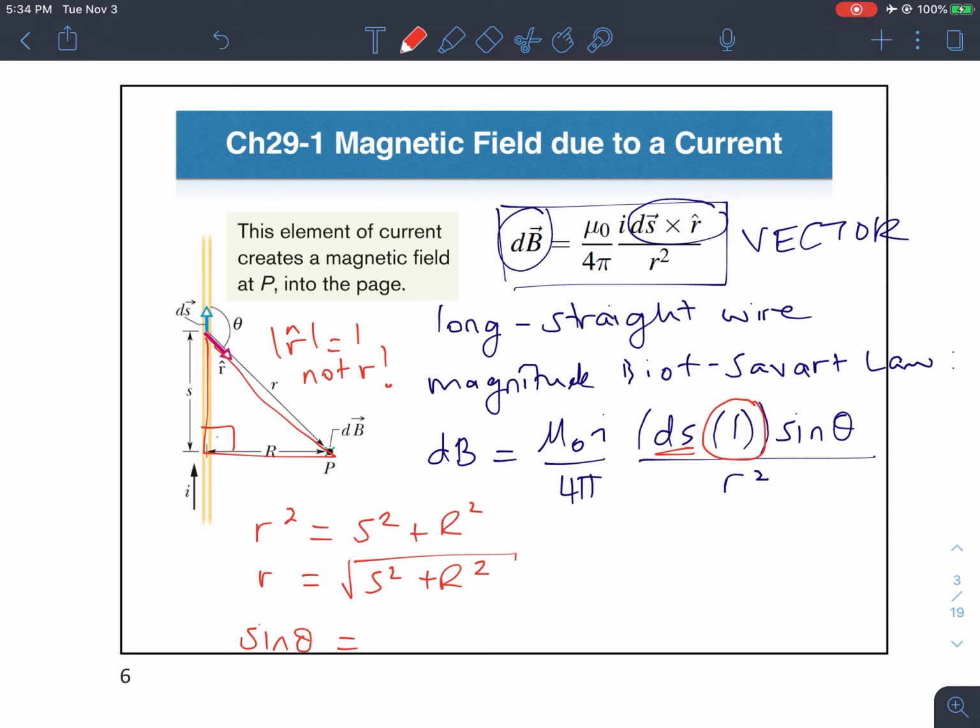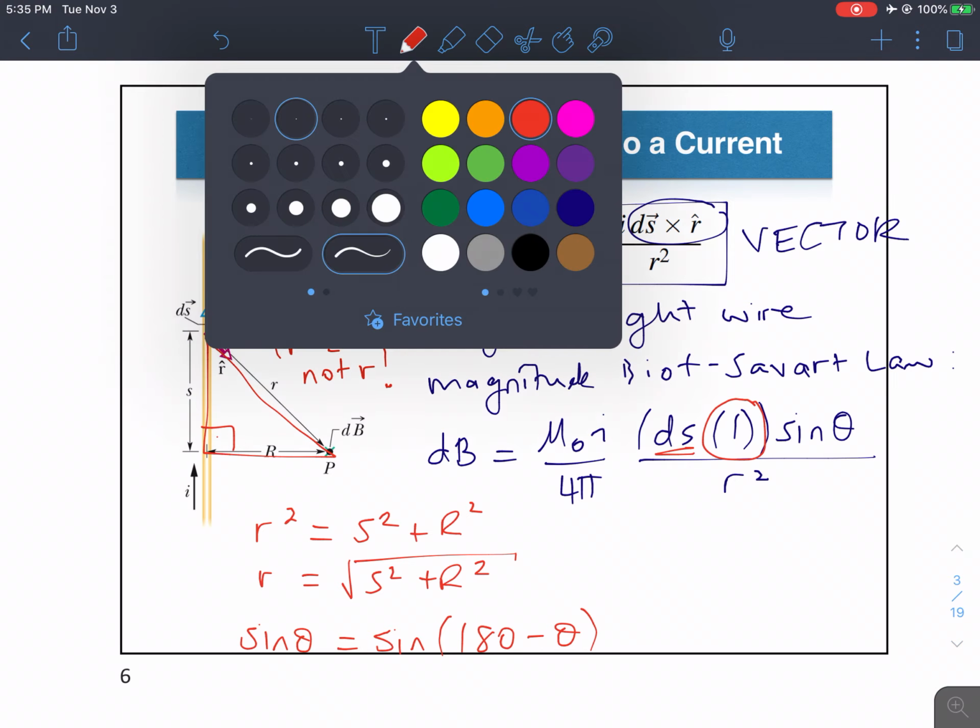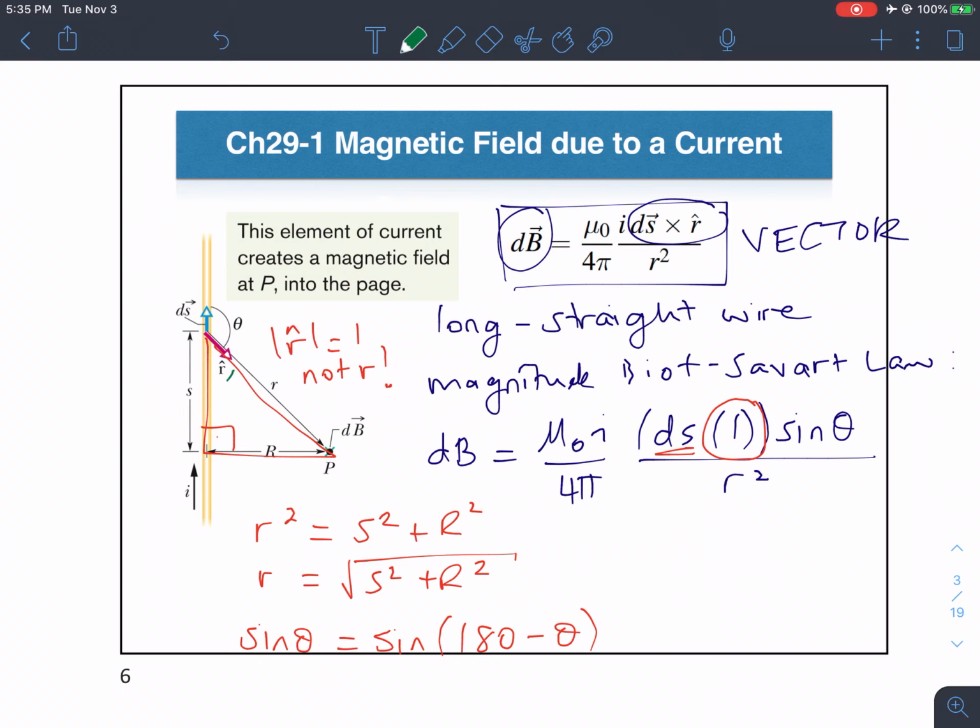Here, first of all, the identity is sine theta is equal to sine of 180 minus theta, and right here is 180 minus theta. So what is sine theta then, which is sine of 180 minus theta?